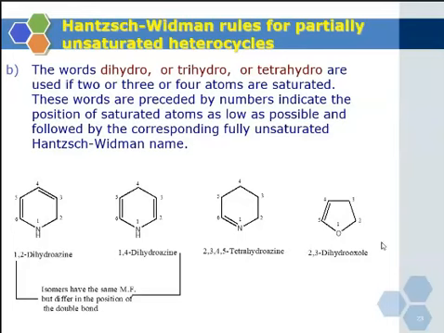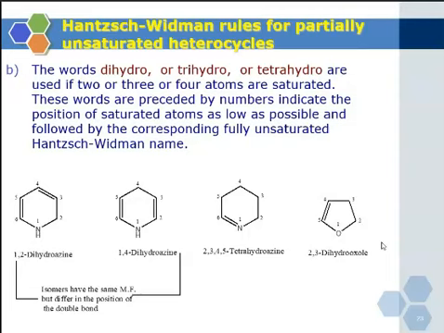Next thing that we have to take care of is the words dihydro, trihydro, or tetrahydro. They are used if 2 or 3 or 4 atoms are saturated. These words are preceded by numbers to indicate the position of the saturated atoms.